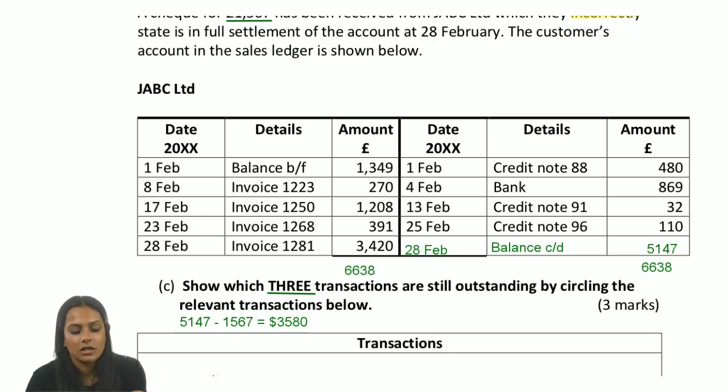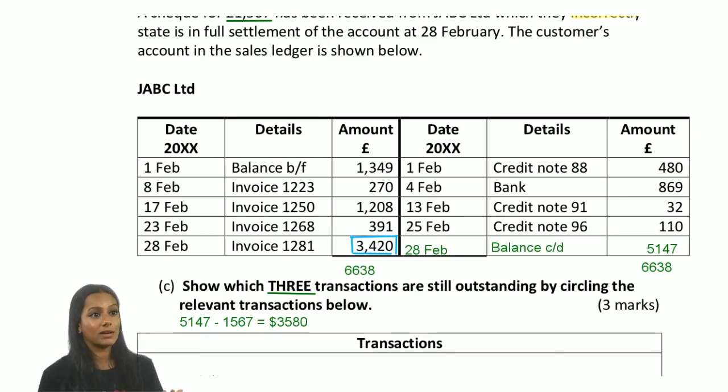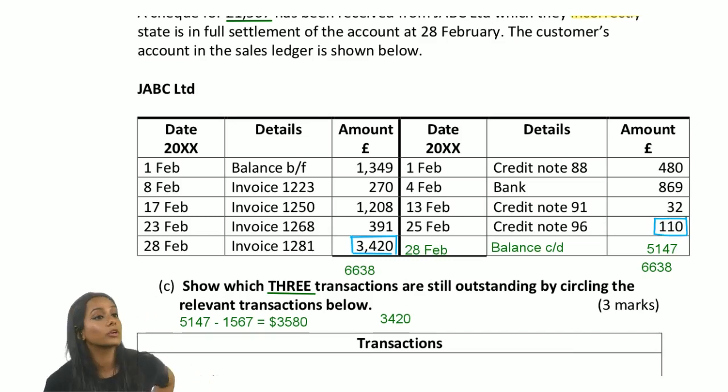So I need to look at this customer's individual account and find out which 3 of these will add up to 3580. I'll take a guess and start by choosing 3420, because it's the 28th of February and it's likely that they haven't received a customer invoice yet and therefore haven't paid us the amount due. Let's start by adding that, 3420. Then we can also assume that they haven't yet realised that we have issued them with a credit note.